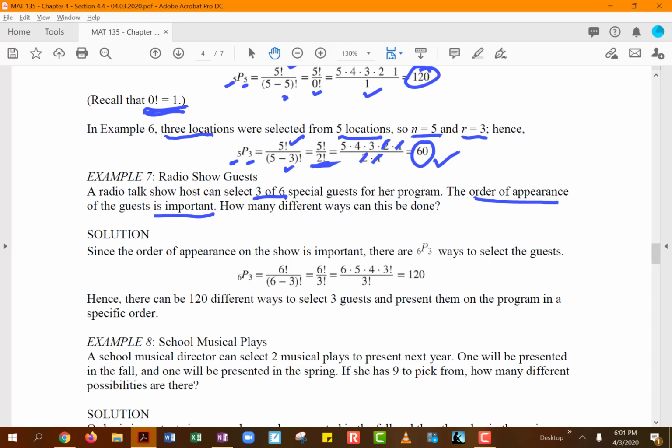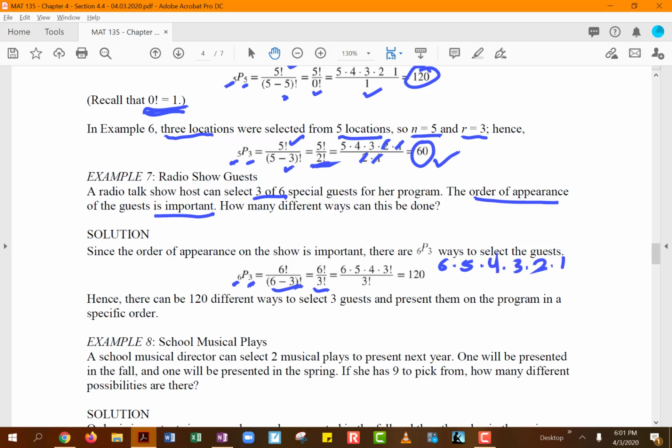As you can see, that's 6 factorial divided by 6 minus 3 factorial. 6 minus 3 gives you 3, so that's 6 factorial divided by 3 factorial. You can write this out as 6 times 5 times 4 times 3 times 2 times 1, and then you're dividing it by 3 factorial, which would be 3 times 2 times 1.